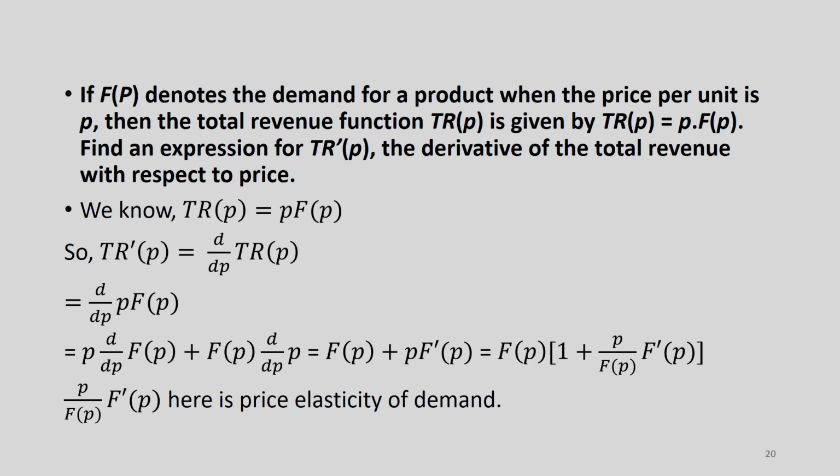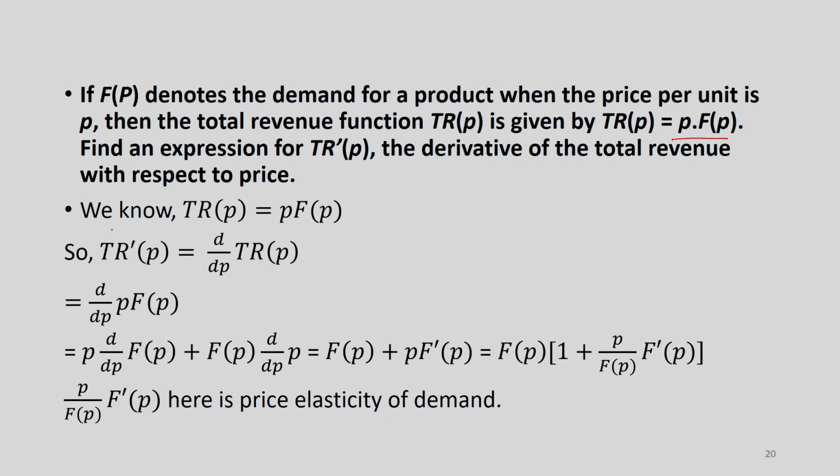Given this demand function, the total revenue function is denoted by Tr, which is again a function of p, and Tr(p) is equal to p multiplied by F(p), that is price multiplied by the demand. Find an expression for Tr'(p), that is the derivative of Tr with respect to the price, and that is what we did.